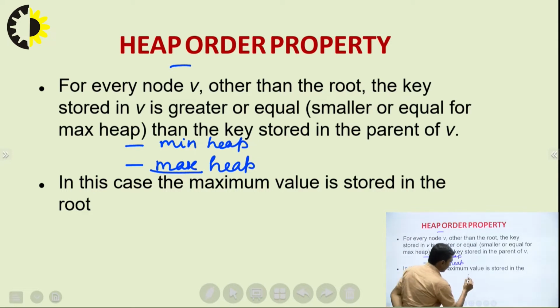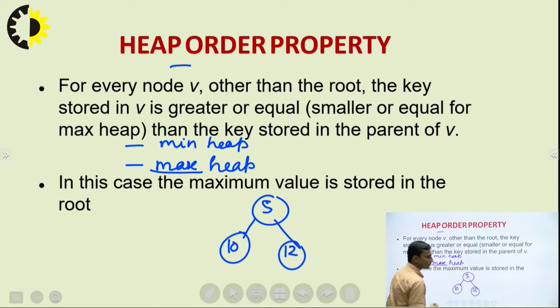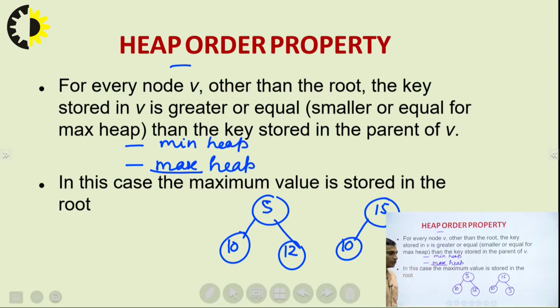So let's say we are taking two examples here. Suppose at this node we have value 5, and here we have 10, and here we have, let's say, 12. And we have another tree that has the value 15 at its root, and we have 10 here, and 5 here. Here we can see that this particular node keeps the value which is smaller than the values of its children.